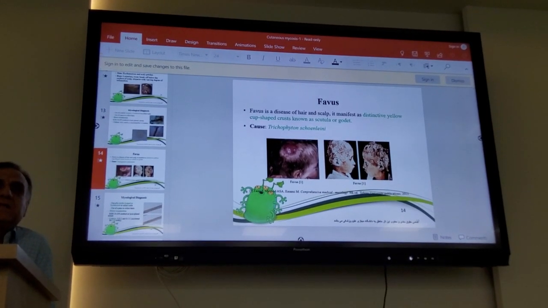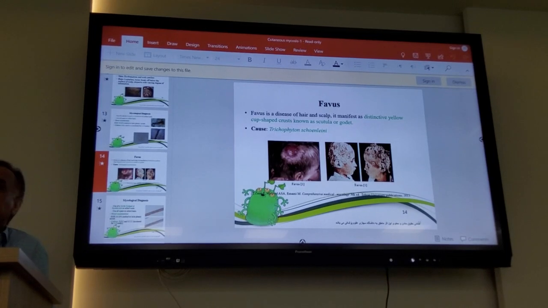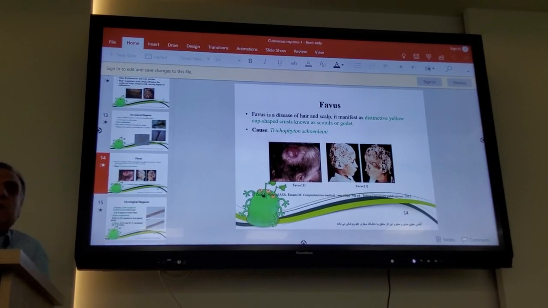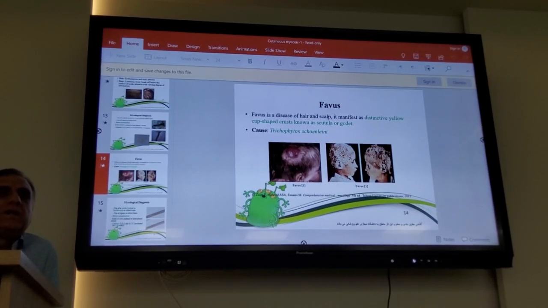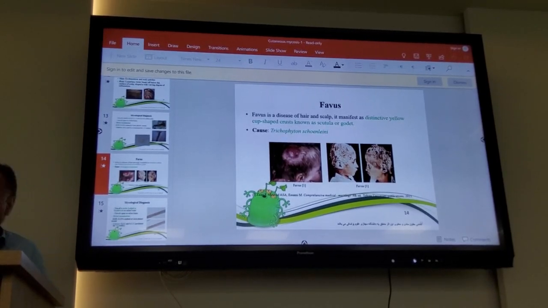A scar means there isn't any regrowth of hair. But in the chronic form, you have regrowth of hair after treatment.